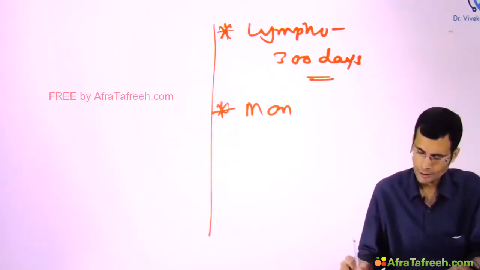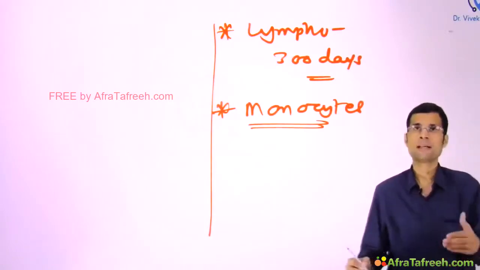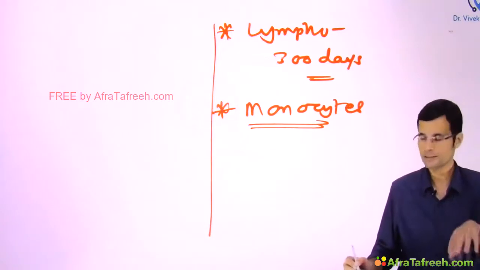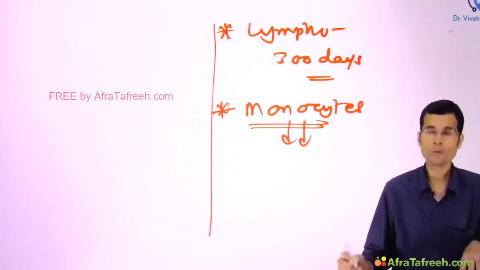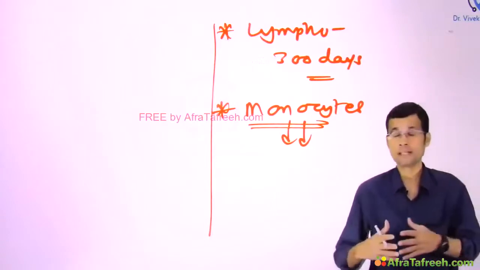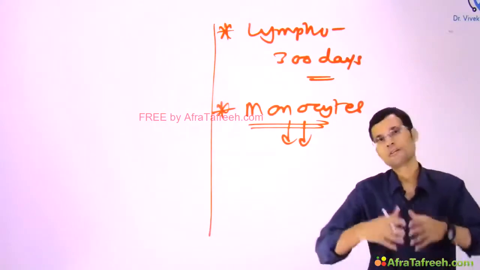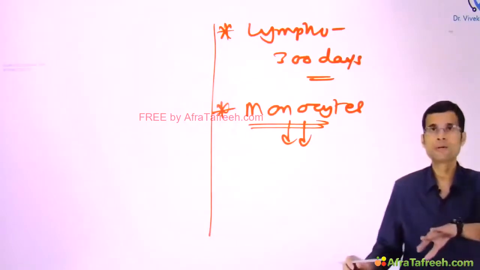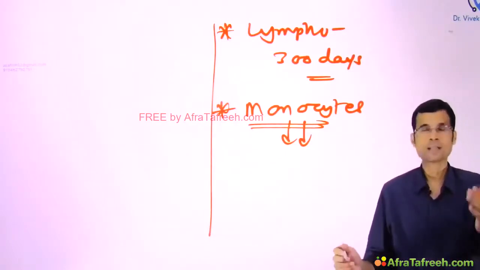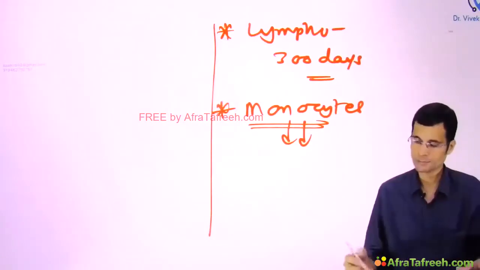You see, monocytes are there for a few hours to few days in the circulation, and then when they go into the tissues they become macrophages, and remain in the tissue for a few months. So I'm not counting that. Otherwise, monocytes in the circulation have got a less lifespan.